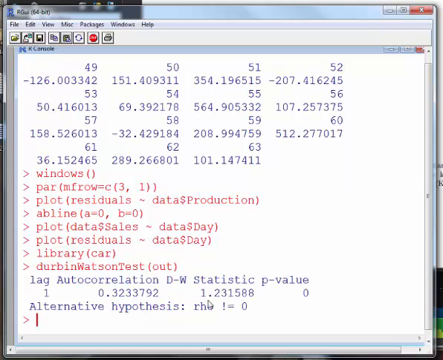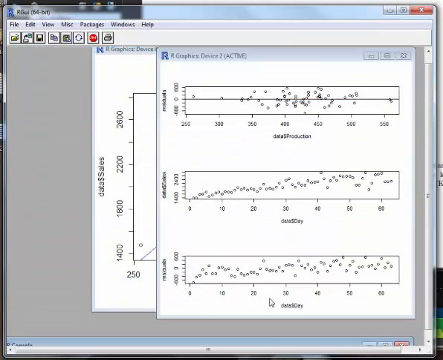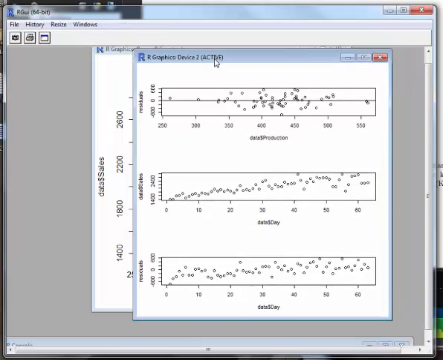And yeah, okay, the p-value is essentially 0. It's looking like there is some sort of autocorrelation across the residuals as you go through time. So that's kind of a problem.